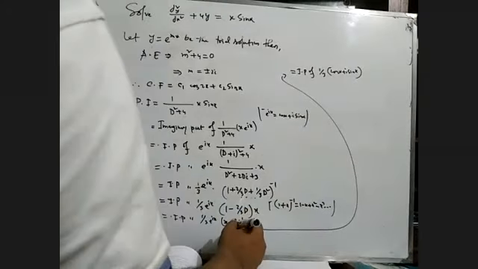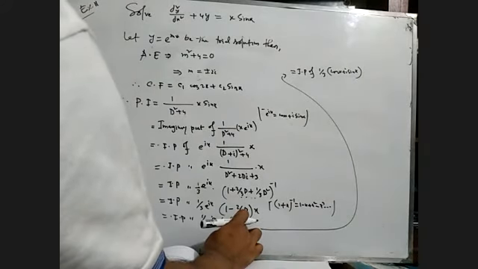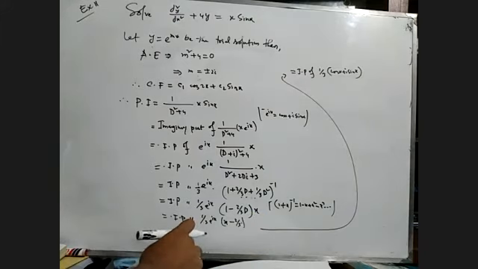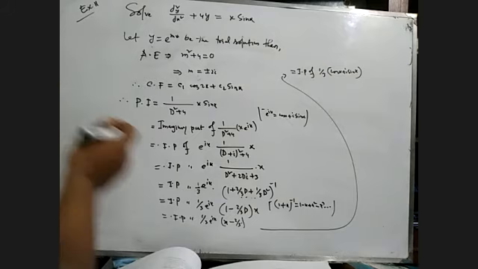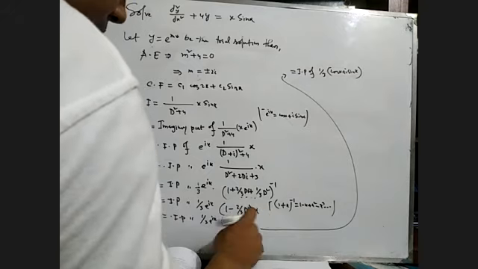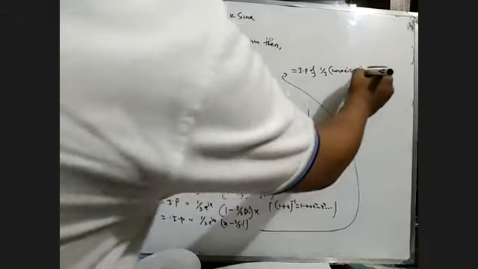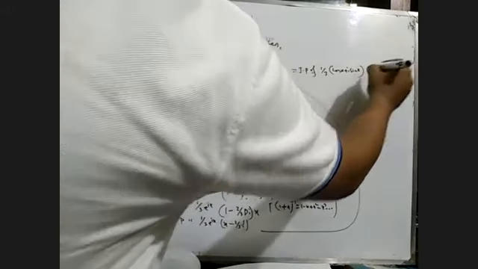Then x into 2 by 3, the coefficient of I twice D, so I will be another. So x minus 2 by 3 into I.